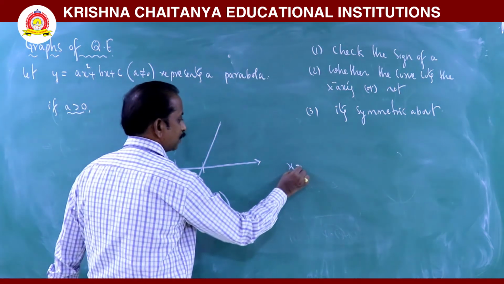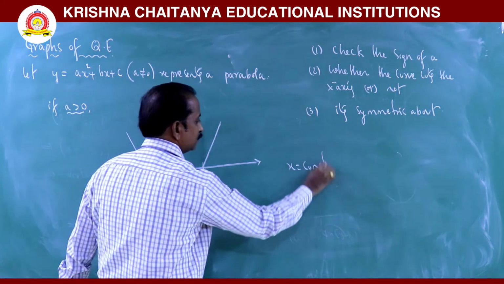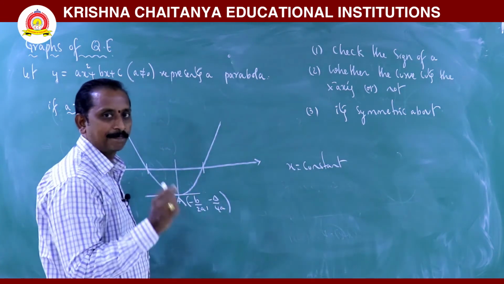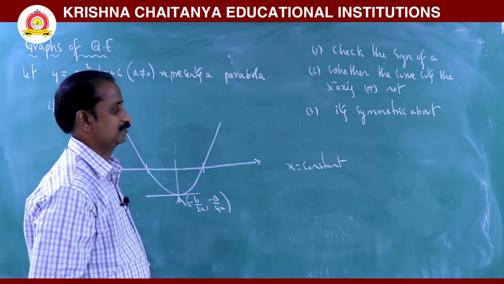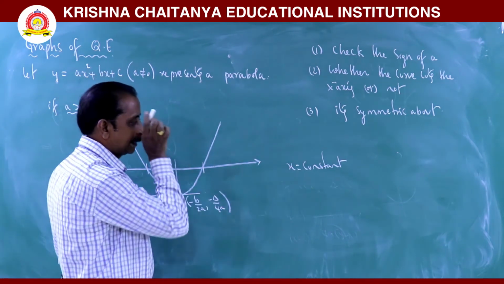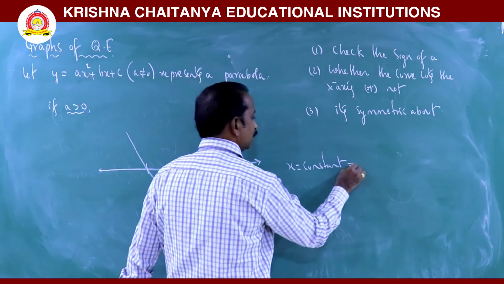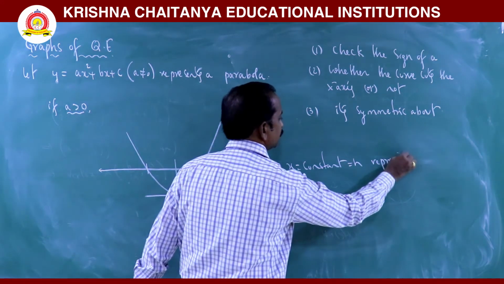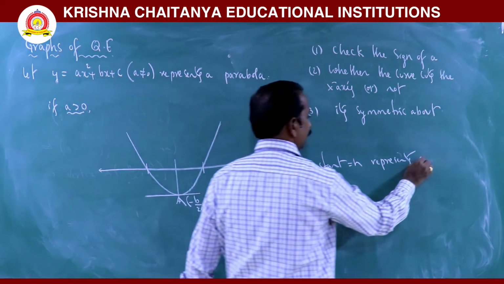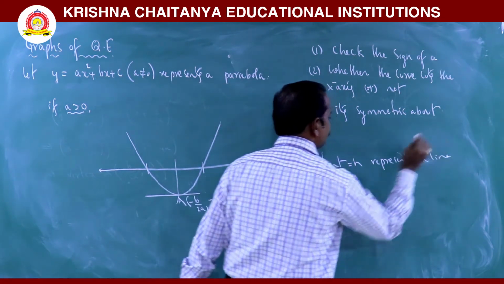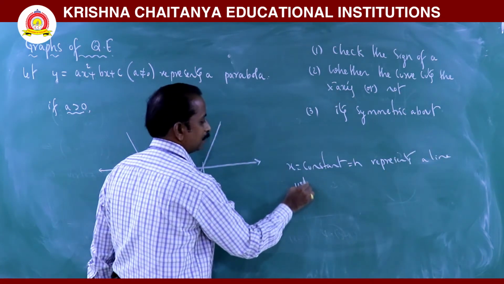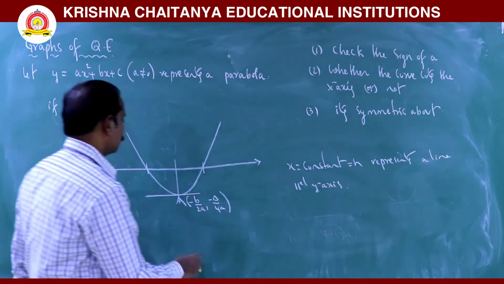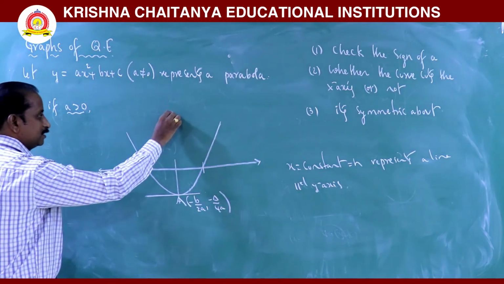X is equal to constant is a line. It represents a line parallel to the y-axis. So x is equal to minus b by 2a, this is the line.